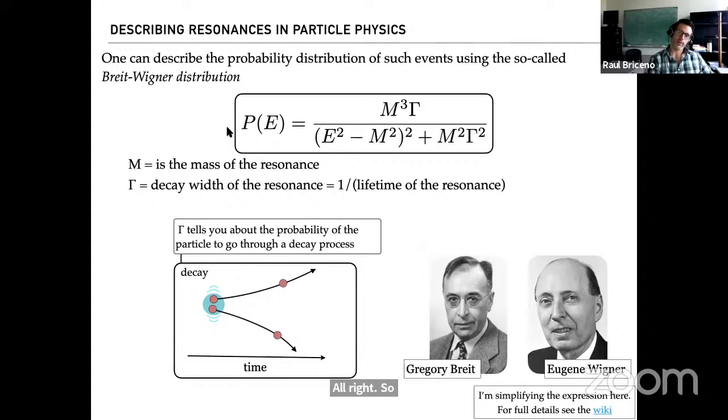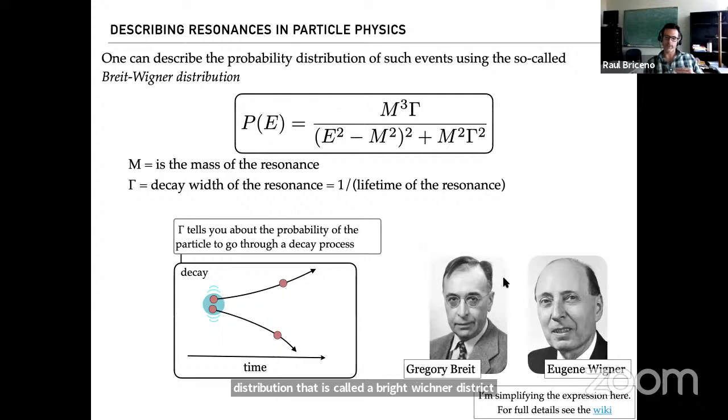All right, so the way that we can describe these probabilities of interactions, which is what we're going to focus on, because it's a nice exercise to play with, and a nice function that we can start to analyze, is using a distribution called a Breit-Wigner distribution.